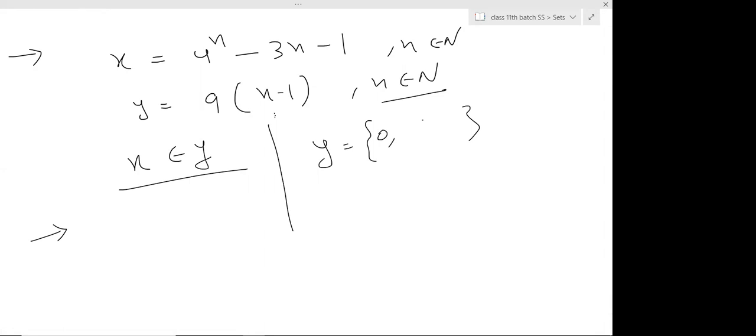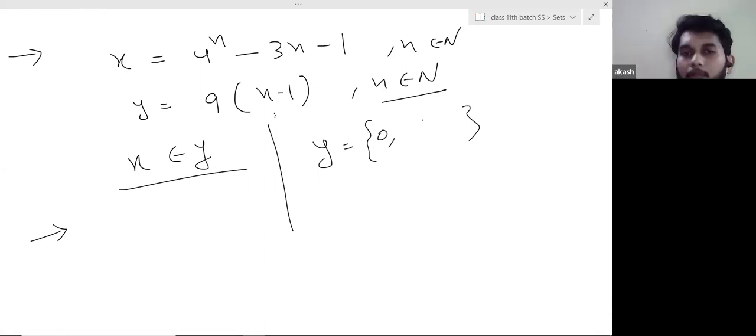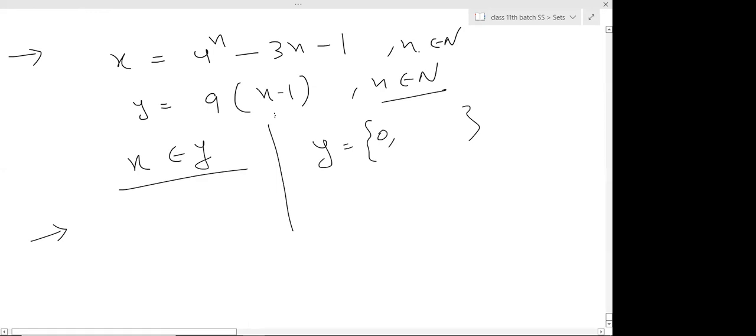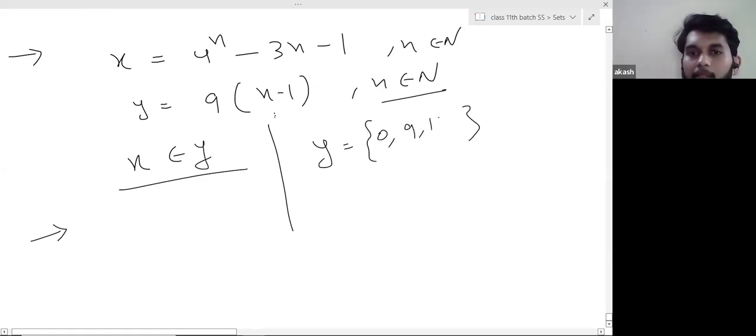If you put n equals 2, then you will get 9, 18. So what pattern do we see here? These are multiples of 9, all the natural numbers, and 0 is there also. All the whole number multiples of 9, right?